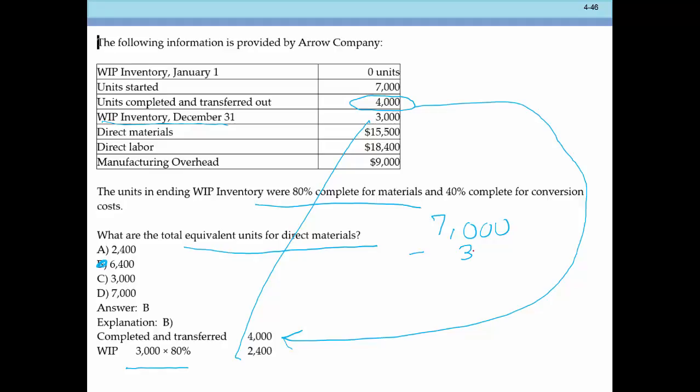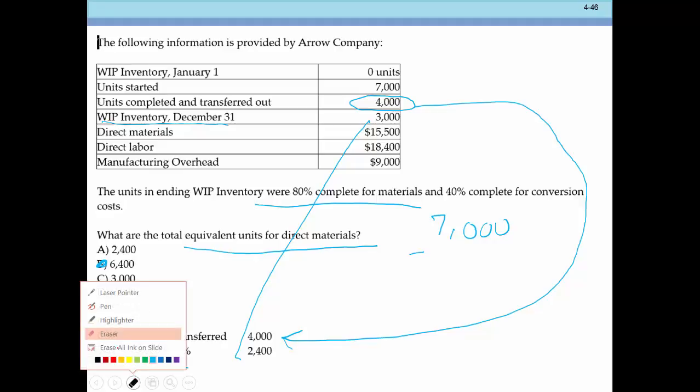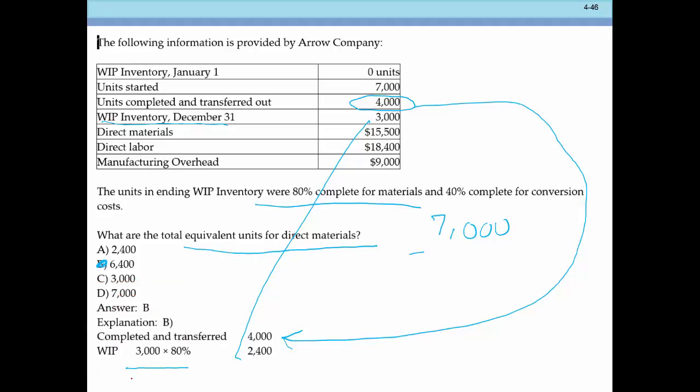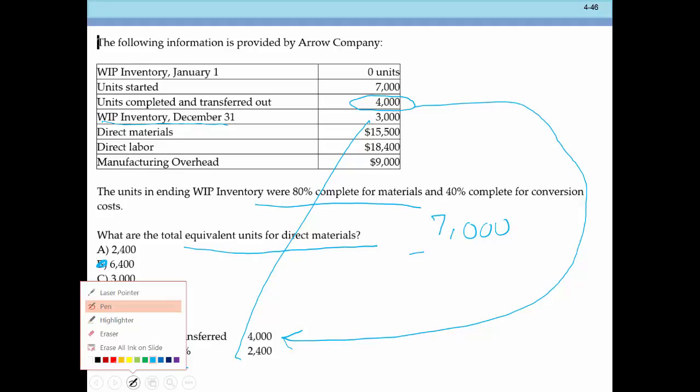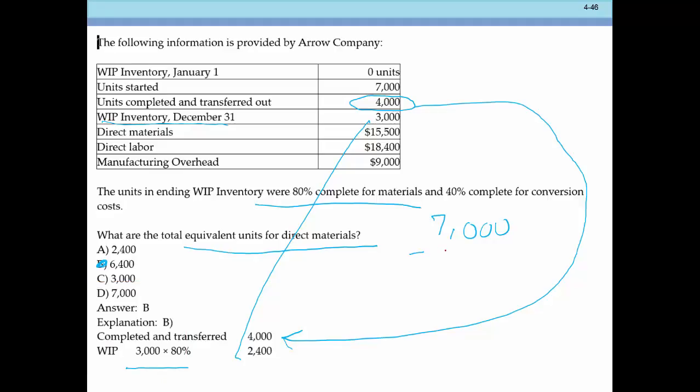No. If they're in the ending work in progress, they're not done yet, right? So I subtract that out. That's 3,000. Take those out. That gives me 4,000 units that were started and completed, right?